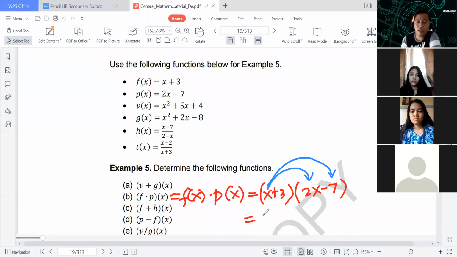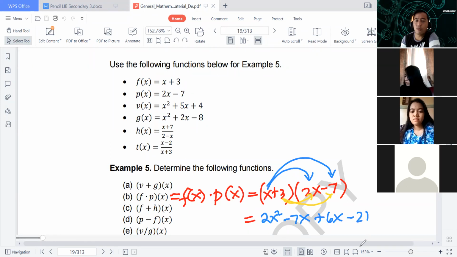So what you will have is 2x squared minus 7x. You may also distribute this one here, going there. So what you will have now will be plus 6x minus 21.